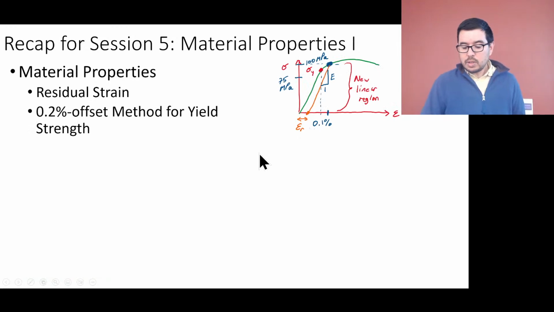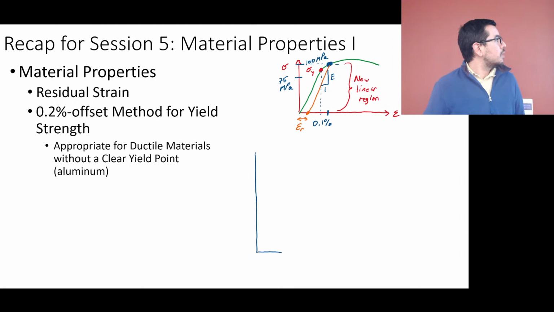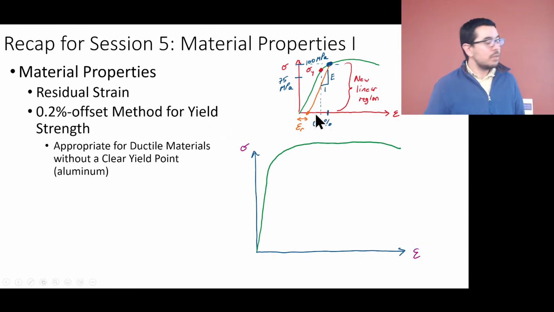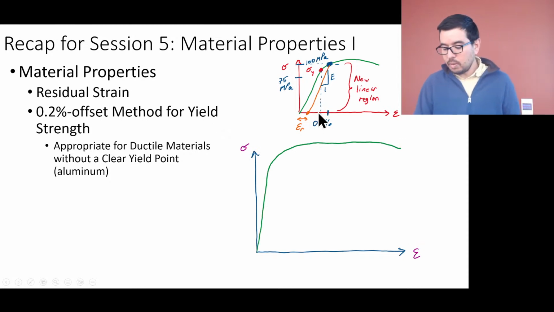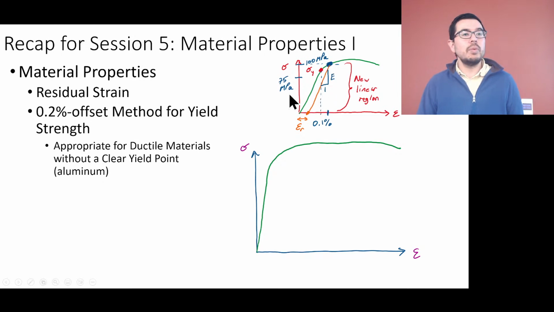We also discussed residual strain. And we'll do some more on this today, where you can go up past the yield strength of the material, but when you come back down along a line with the slope of the elastic modulus, you aren't going to get back to where you started, right?